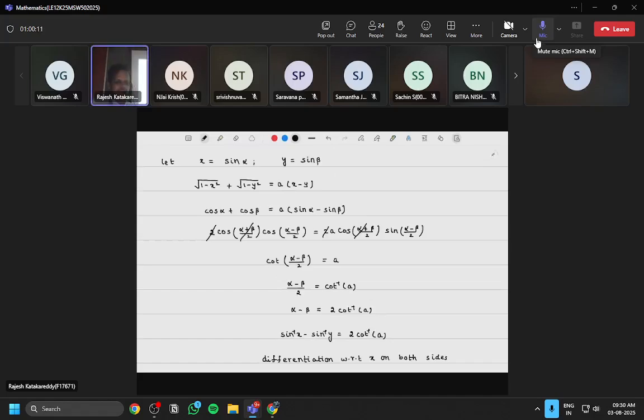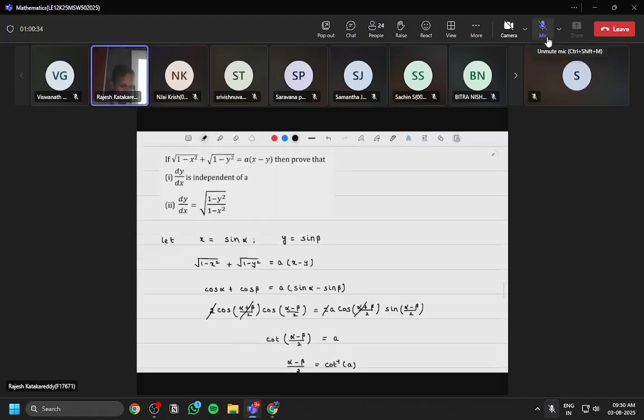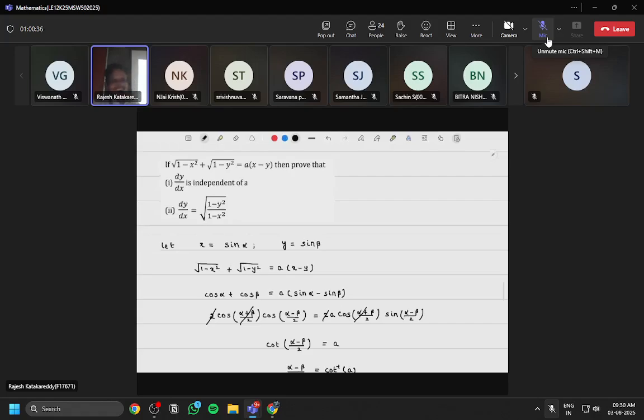Other way is also there, the hard way. Differentiate and try to eliminate the a from the derivative. Not so easy. No, they won't ask this. They'll ask you to show this one.